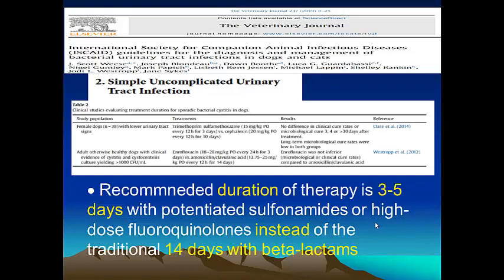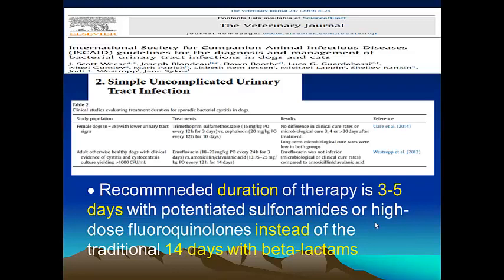And it was found that the short term, that is 4 days, is probably just as good as the long term, which was the traditional therapy. Ideally, the aim is now to decrease the bacterial load to a level that allows clinical signs of the infection to be controlled, while at the same time the patient's immune system is eradicating the remaining bacterial organisms from the tissues, in this case the bladder and the urethra.